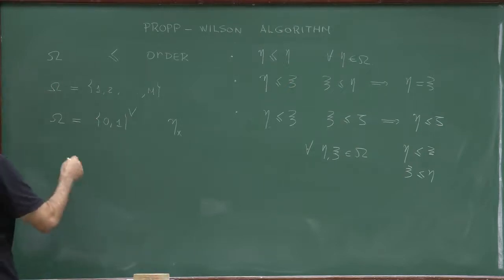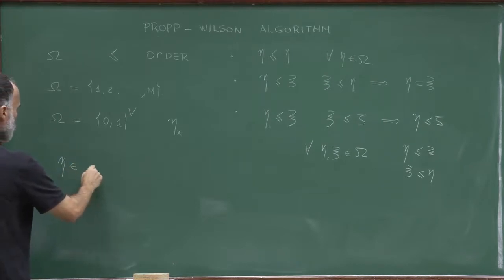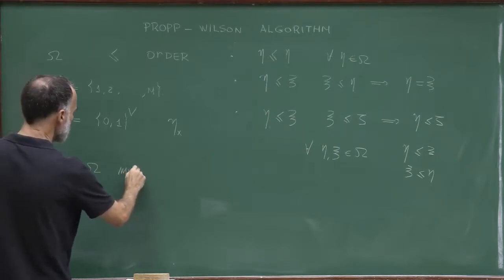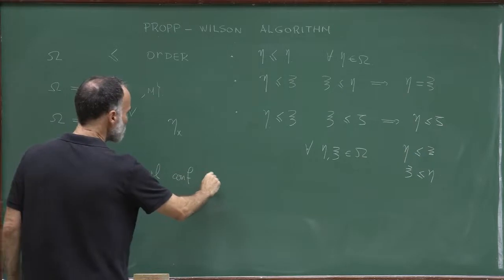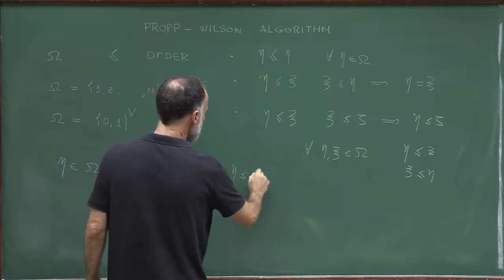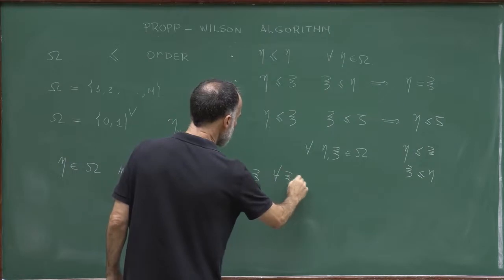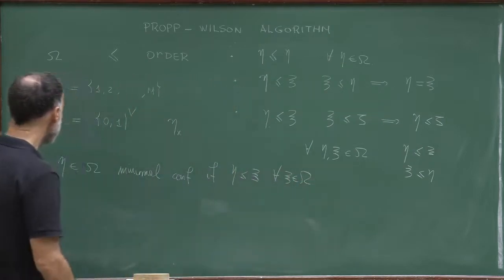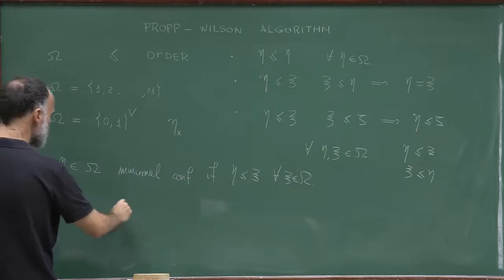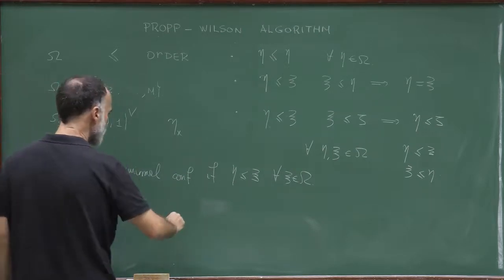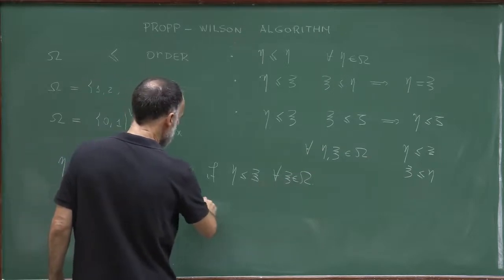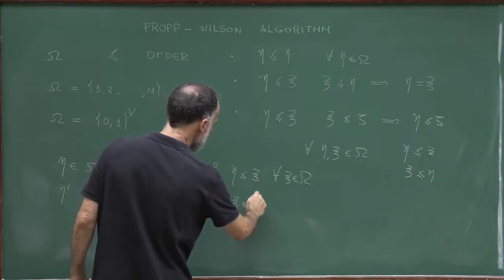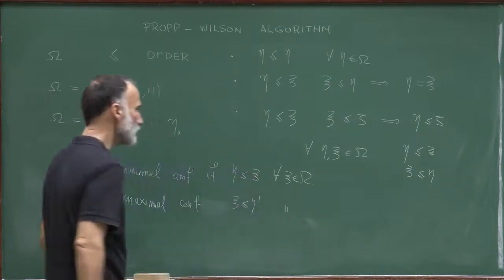So that's very nice. Now, the final definition that I will use: I will say that eta in omega is a minimal configuration if eta is less or equal than xi for all xi in omega. And I will say that eta prime is a maximal configuration if xi is less or equal than eta prime for all xi in omega.